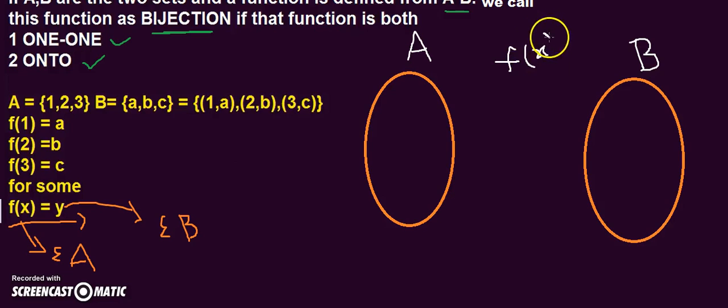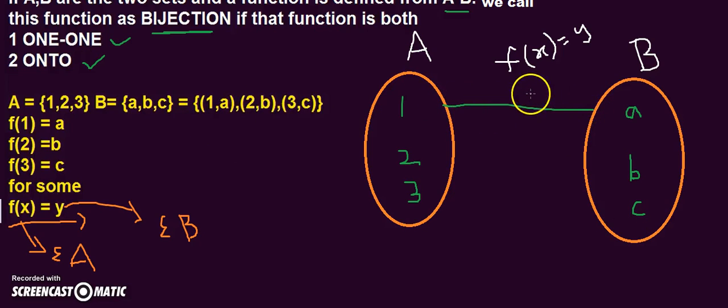For some value of x in A there is a value of y in B. The elements of A are 1, 2 and 3. The elements of B are a, b and c. Now my function defines 1 to a, then 2 to b, and then 3 to c.